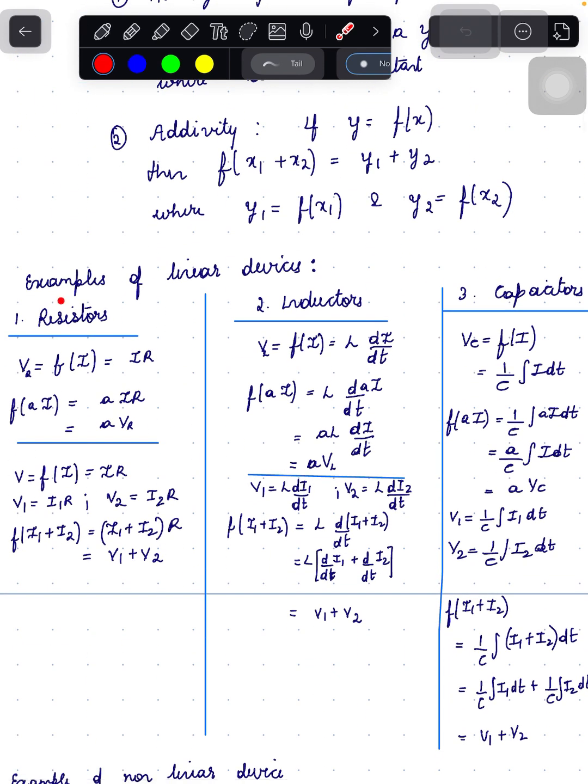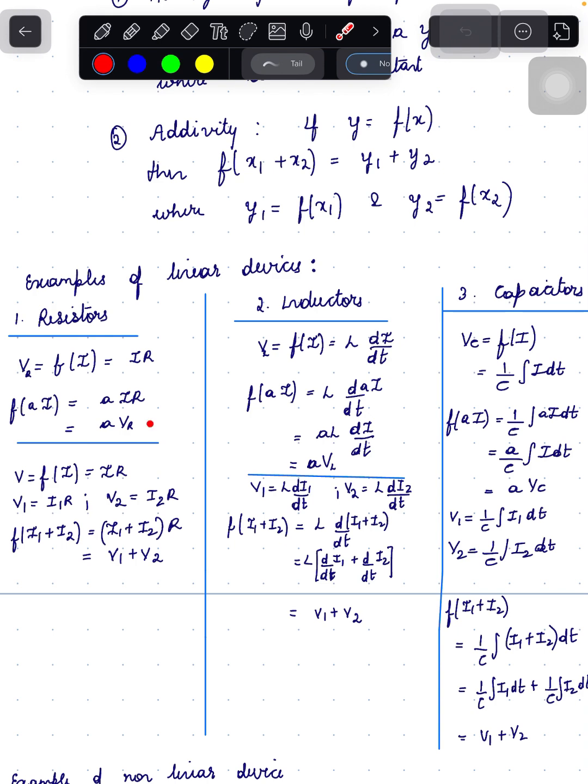Here are some examples of linear devices. Resistors. The equation of a resistor is voltage V equals I times R. When the current I is multiplied by a constant A, then the output voltage V will be equal to A times I times R, which equals A times V_R.